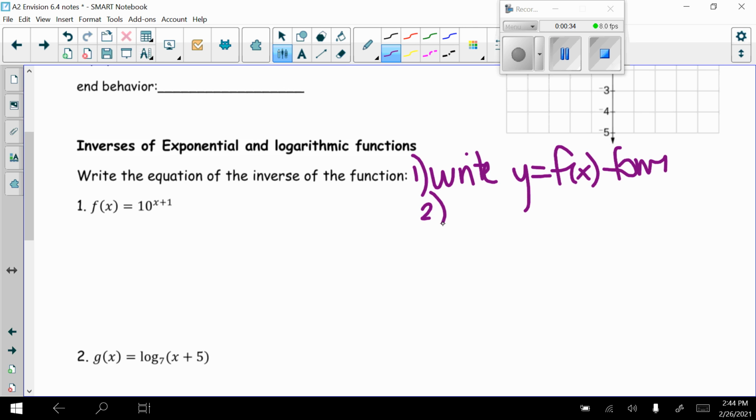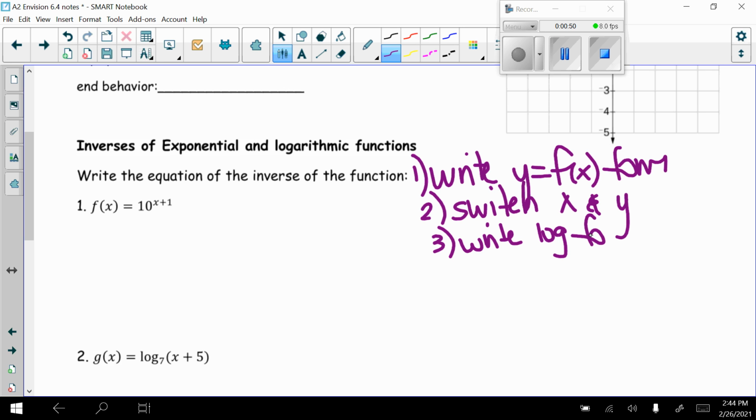Step number 2, then, we will switch x and y. So remember, that's what inverse means, trade places with x and y. Step number 3, we will write in log form. This is the directions for number 1 because it's starting out as an exponential. So this is how, if we have the exponential, how we find the inverse.